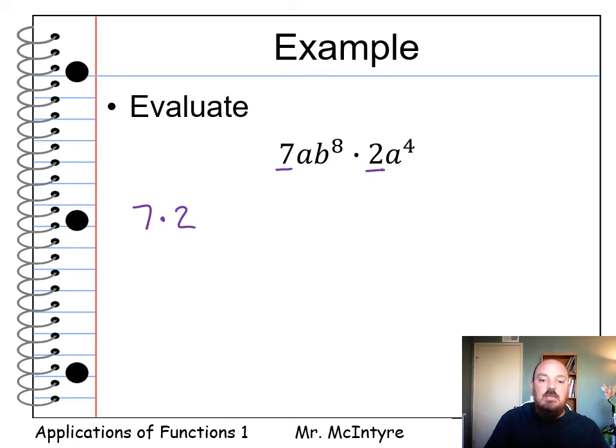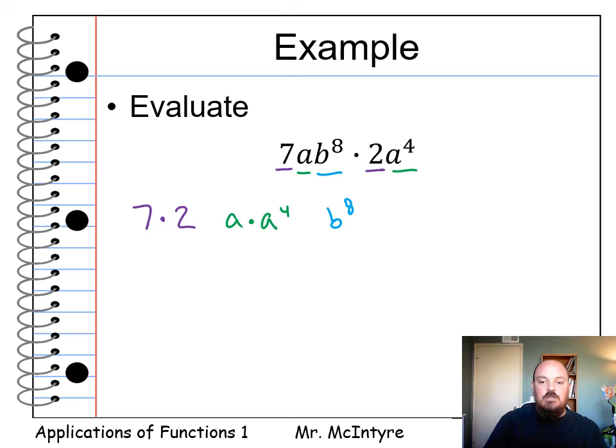Then I have the a part second. I have an a all by itself, no exponent, times a to the 4th. Now for the last part, I have a b to the 8th times nothing. So I'm going to leave that. It's still going to be part of my answer, but I'm not going to add any exponents or anything.